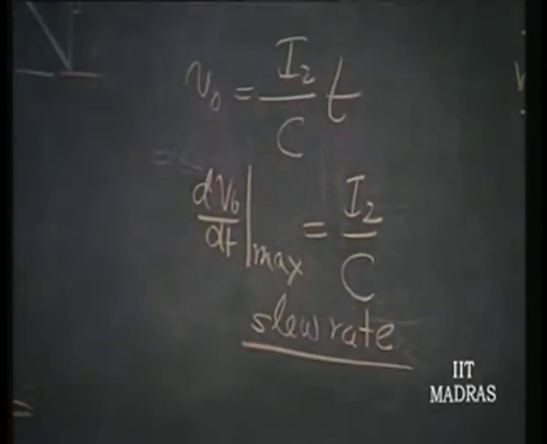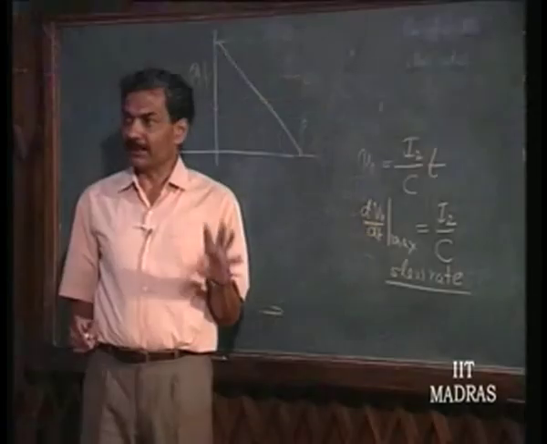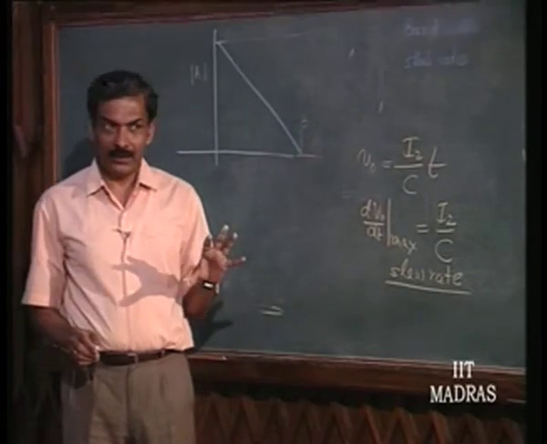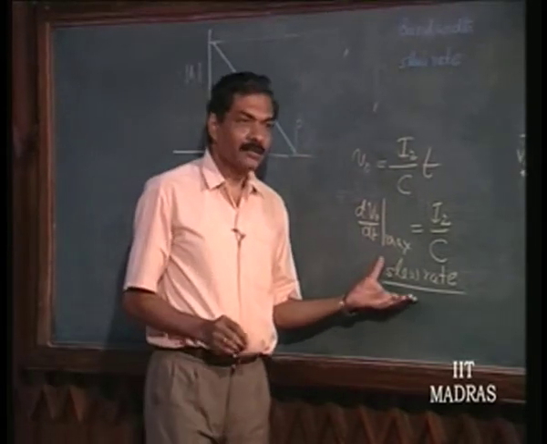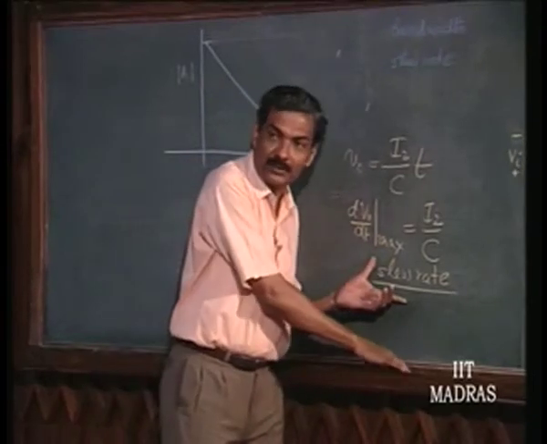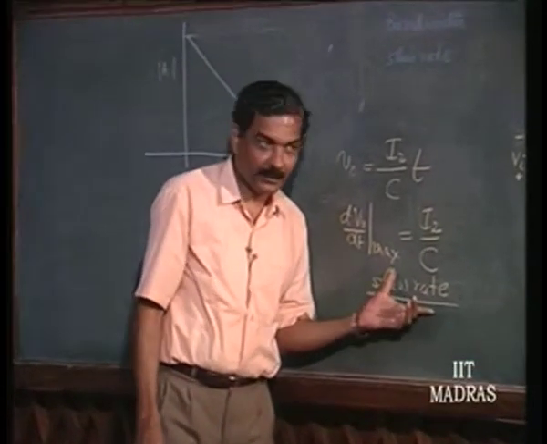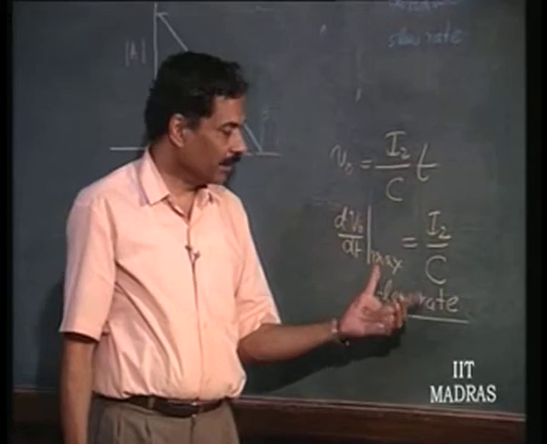This is an important parameter of the op amp which every user must understand thoroughly before using it in any application. Actually, this is grossly misunderstood most of the time. That is why I am insisting that you should understand this very well.